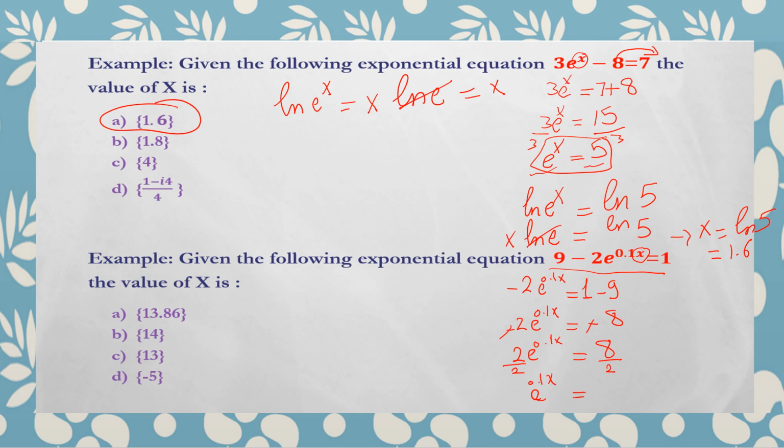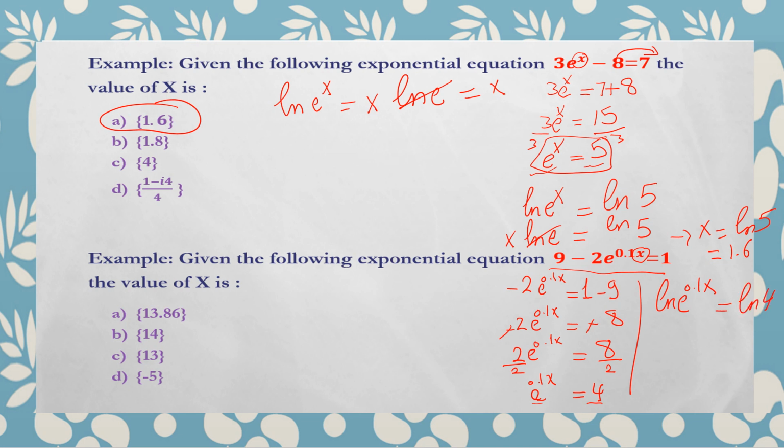But in this form, the bases are not the same, so we can take the log for both sides, and the log for e means ln, so ln e power 0.1x equals ln 4.